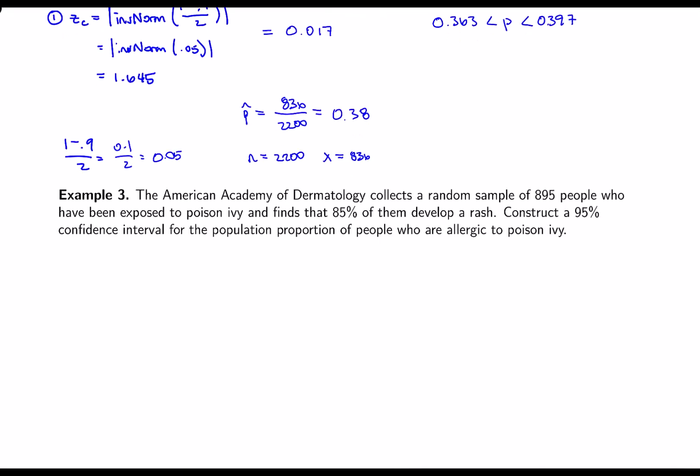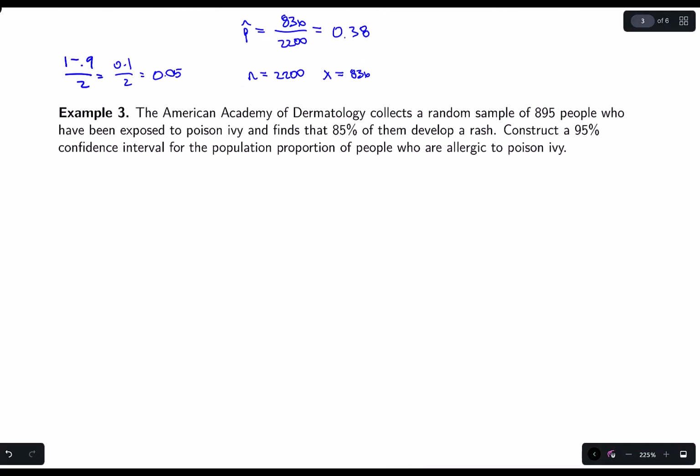Okay, the next example here. The American Academy of Dermatology collects a random sample of 895 people who have been exposed to poison ivy and finds that 85% of them develop a rash. Construct a 95% confidence interval for the population proportion of people who are allergic to poison ivy.